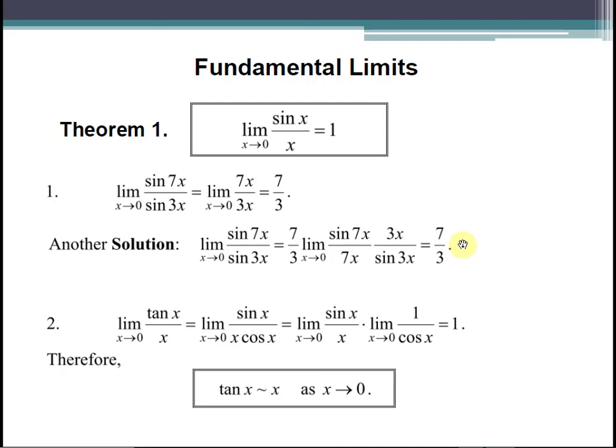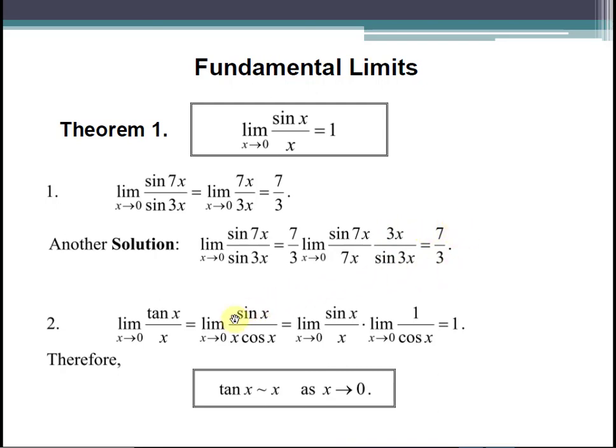And then we get sine 7x over 7x times 7x, and 3x over sine 3x times 3x, but the 2 x's are cancelled. That's why we can write 7 over 3. Sine 7x over 7x goes to 1, and this one goes to 1 also. And the answer is just 7 over 3.